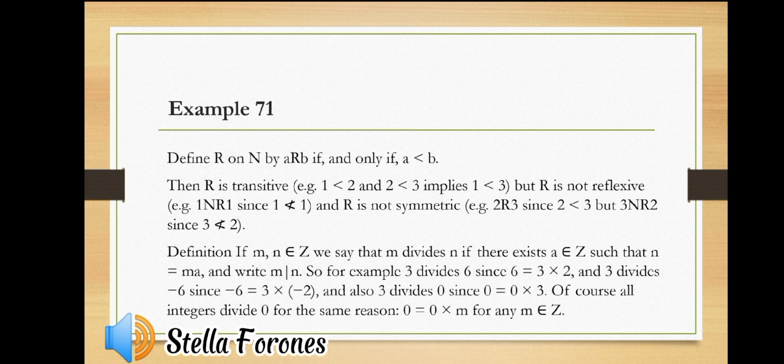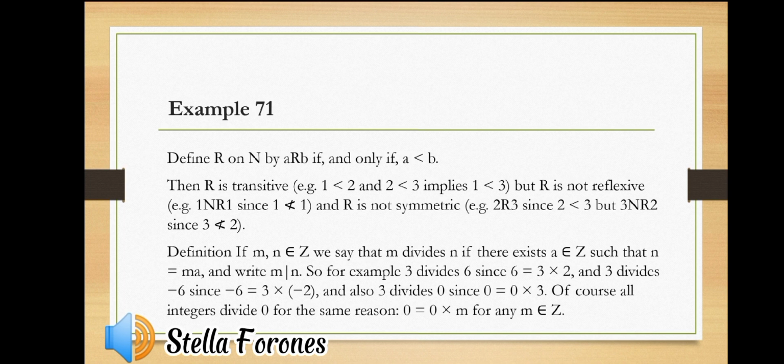Suppose that m divides n, meaning ma equals n. Of course, we are also assuming that m and n are integers. So we want to prove that m divides n. In order to prove that, we need to show that m multiplied by an integer a gives us n.